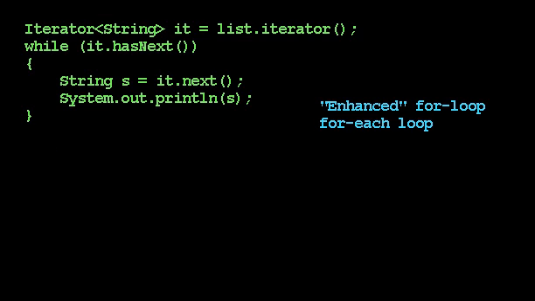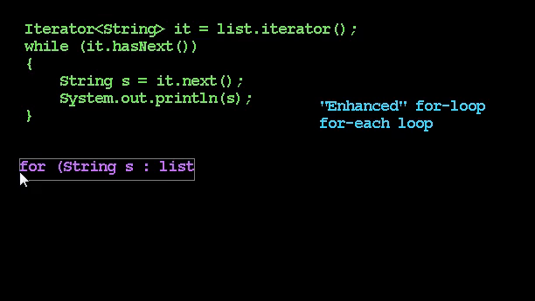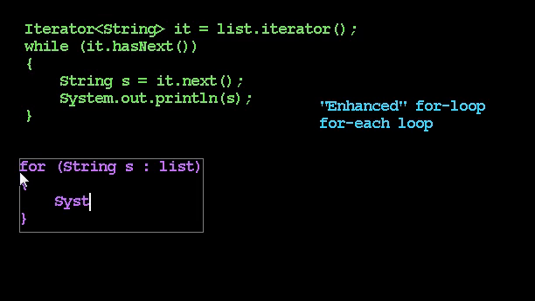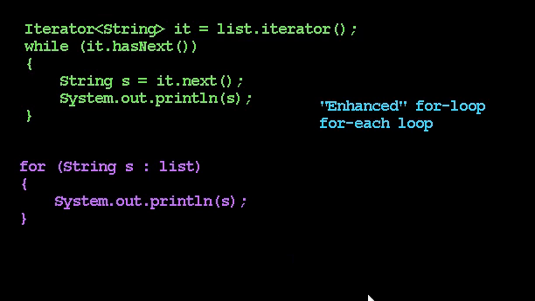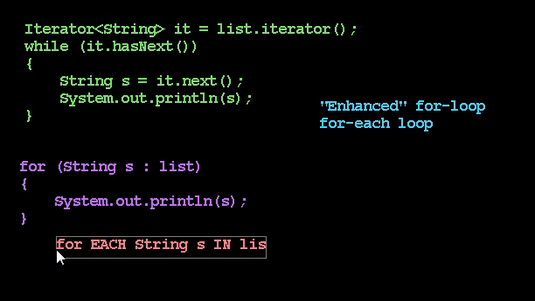For each string s in list, print out s. Let me give you the pronunciation: I pronounce it "for each string s in list."